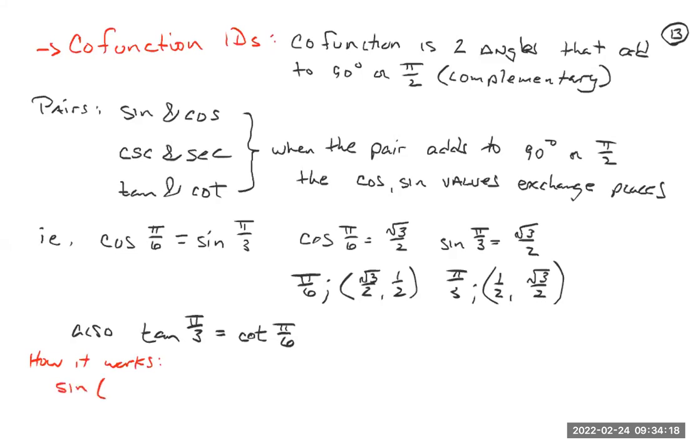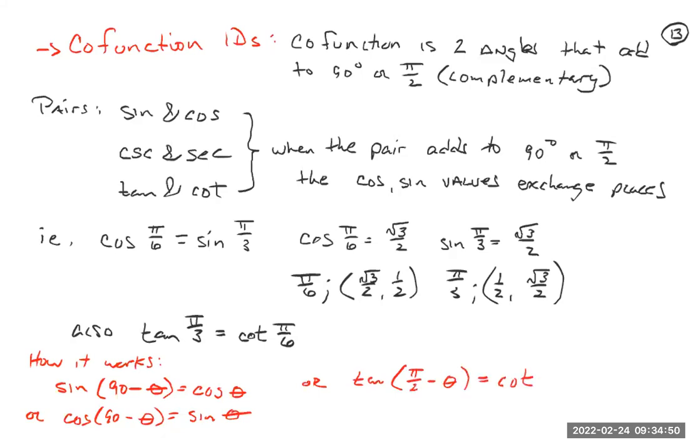We would say the sine of 90 minus some angle theta is the same thing as cosine of that angle, or cosine of 90 minus angle is the sine of that angle, or we might say the tangent of pi over 2 minus an angle is going to be the cotangent of that angle. You get it? Easy, right?